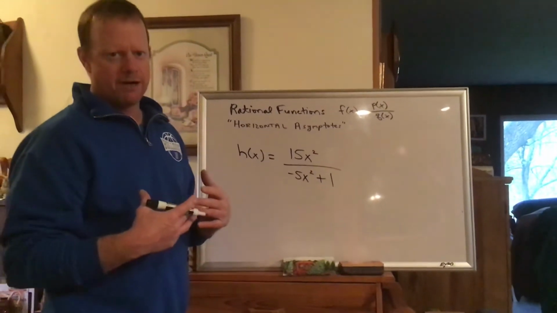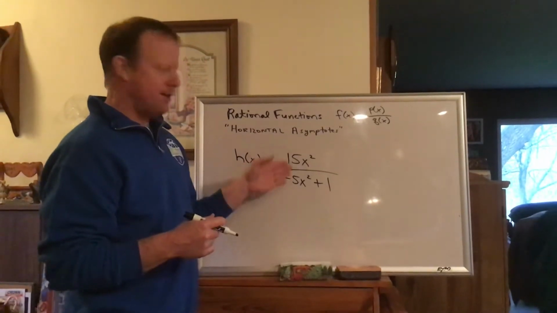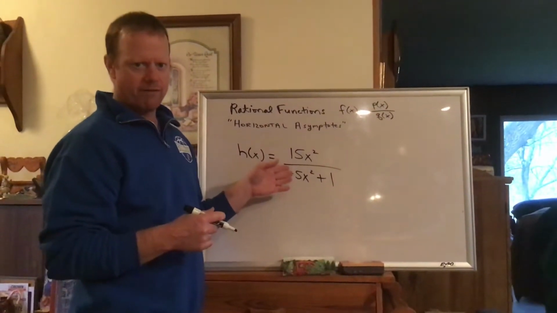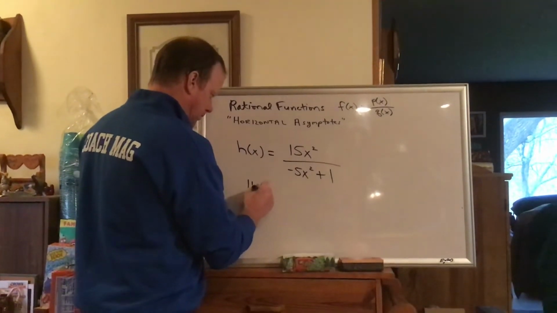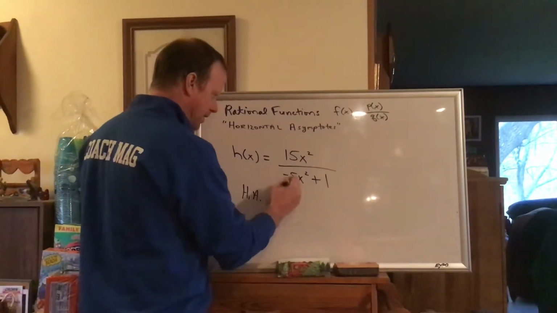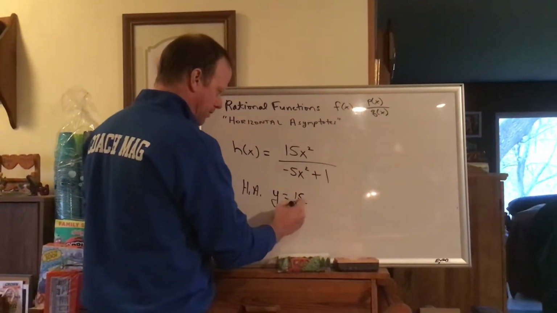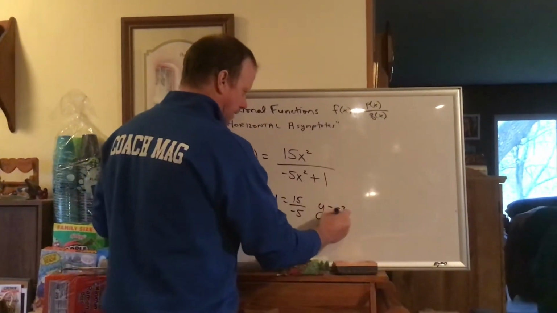If you have that scenario, then you're going to get your horizontal asymptote by the coefficients in front of those variables. So the horizontal asymptote in this situation would be y equals 15 over -5, which is y equals -3.